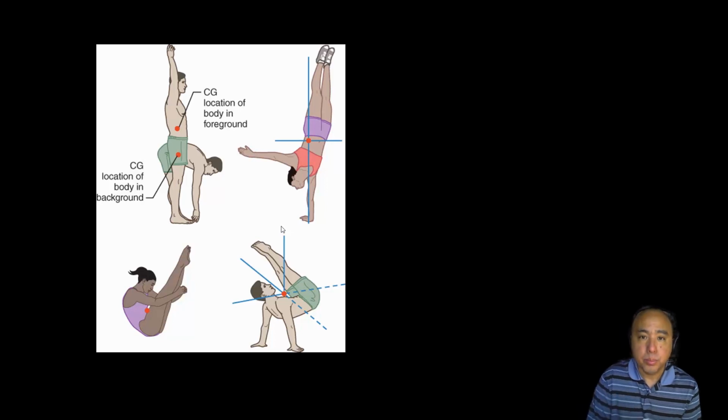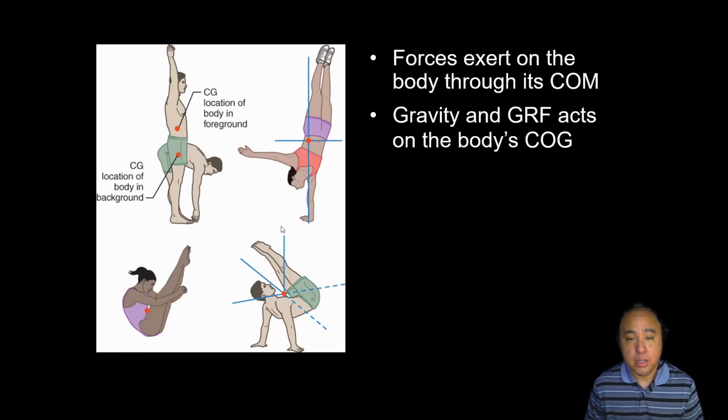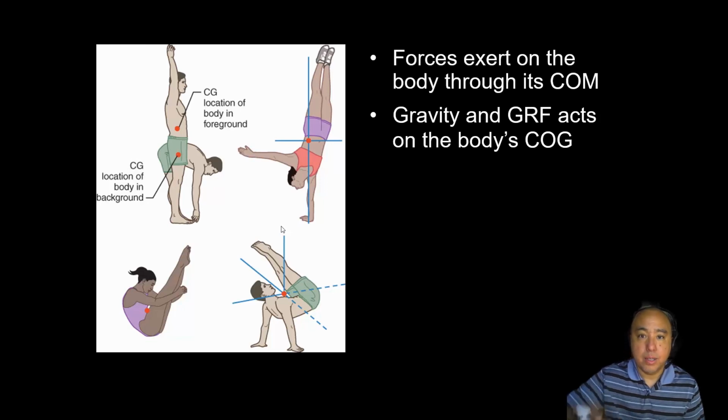Now there's two points that I like to make about the center of mass / center of gravity. Any force that is exerting itself on the human body actually exerts it on the body's center of mass, and in the vertical direction, it's the center of gravity. Remember, center of mass and center of gravity are actually the same thing. The only difference is that center of gravity is only in the vertical direction.